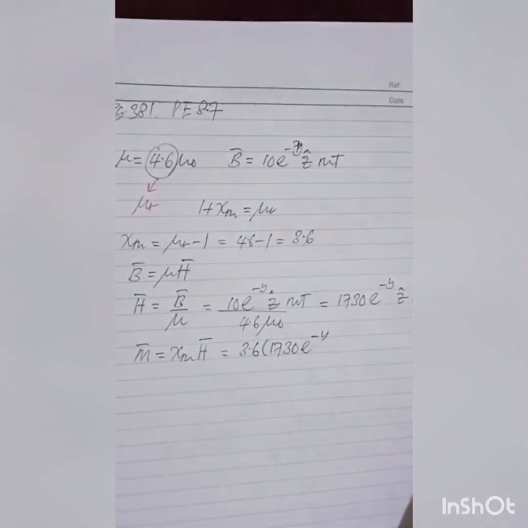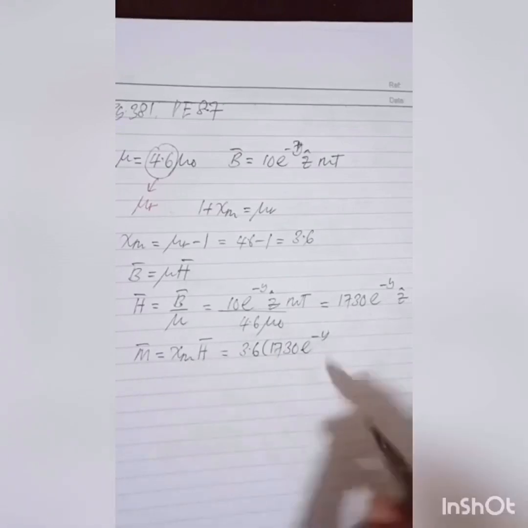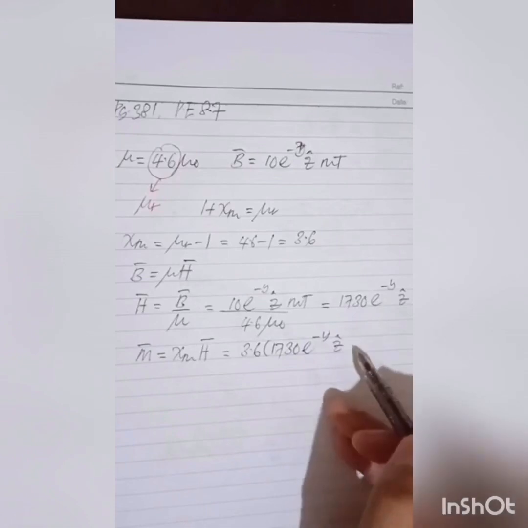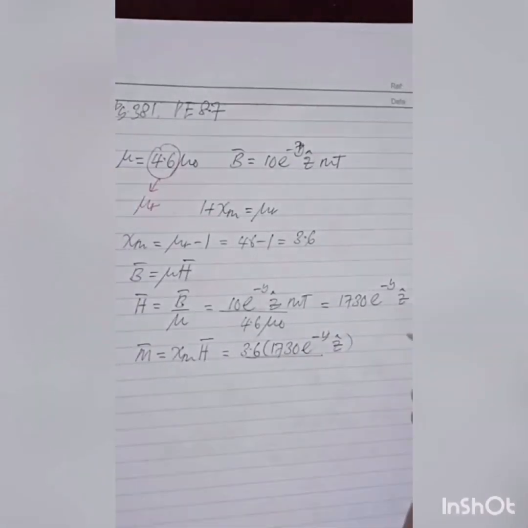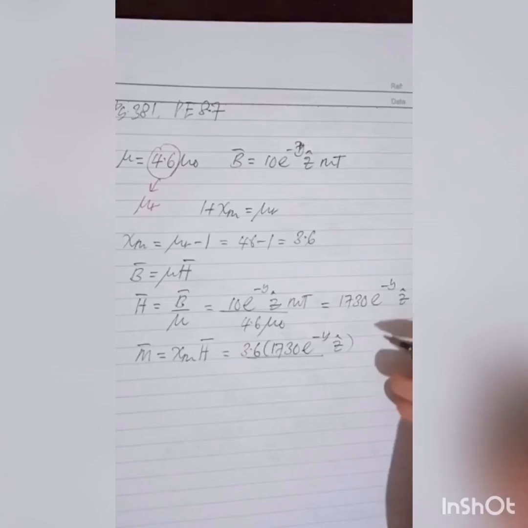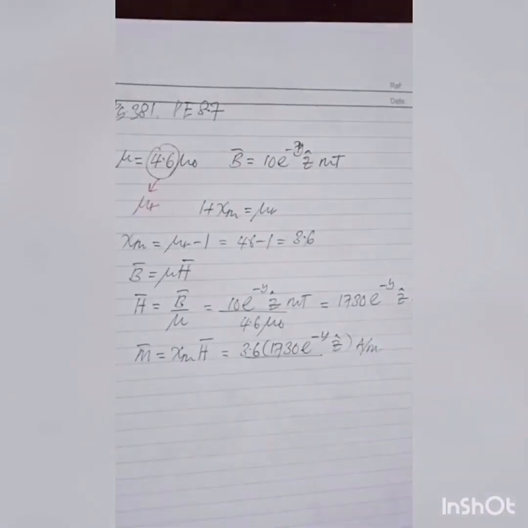Again, they must have the same direction because M and H are directly proportional, so you have Z here. The M must have the same unit as H, which is ampere per meter.